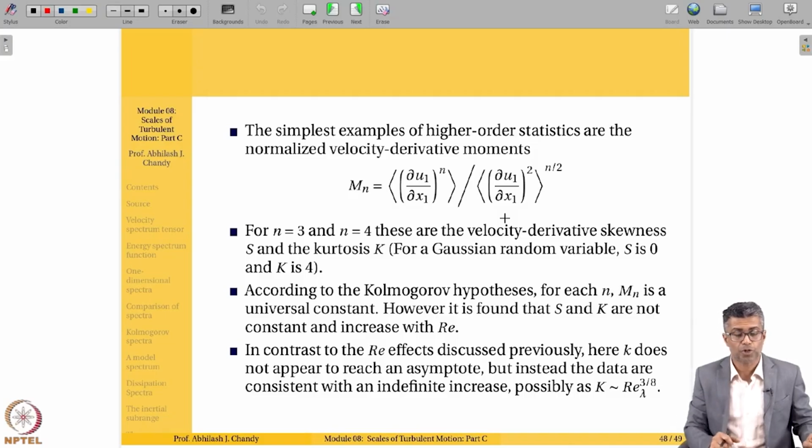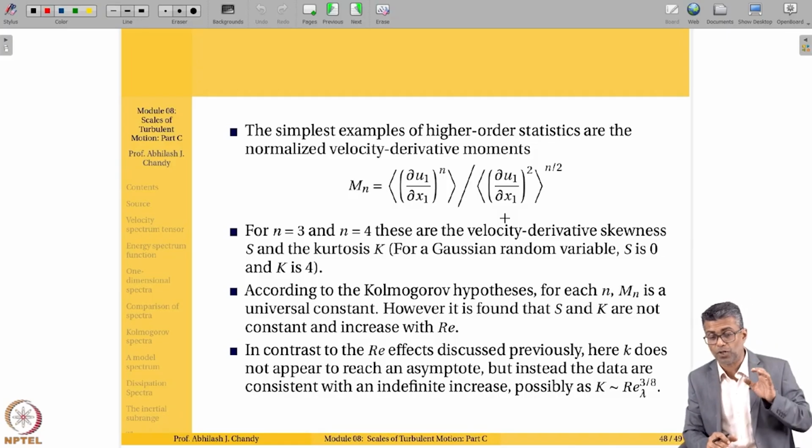For a Gaussian distribution, for instance, the skewness and kurtosis have fixed values. For a Gaussian random variable, the skewness S is 0 and the kurtosis K is 4. How close to 4 do you get when you compute the velocity derivative kurtosis for a turbulent flow? Definitely it's not going to be 4, because turbulent flow is not Gaussian. Now, according to the Kolmogorov hypothesis, we did not cover that a lot, but M_n is a universal constant.